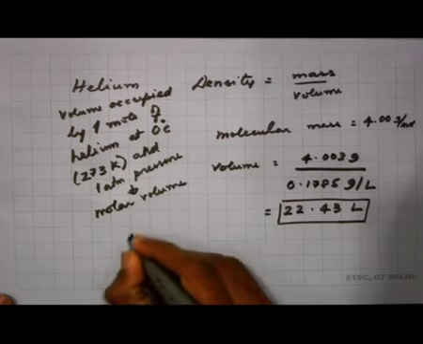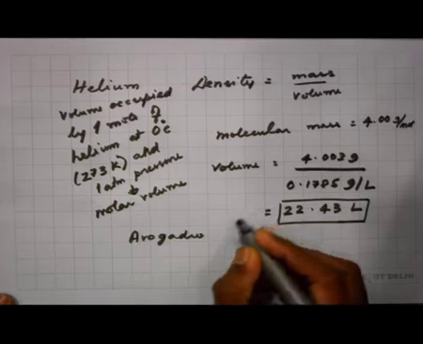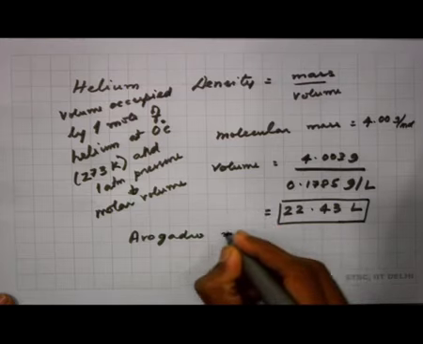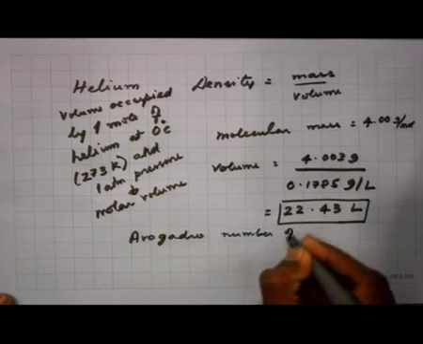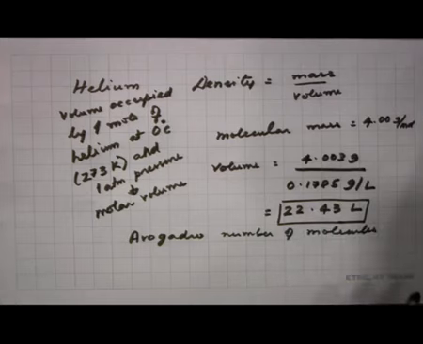If you have 1 mole, we have Avogadro number of molecules. That is the Avogadro's hypothesis. By Avogadro's hypothesis, if we took equal volumes of all gases at the same temperature and pressure, they would have the same number of molecules.